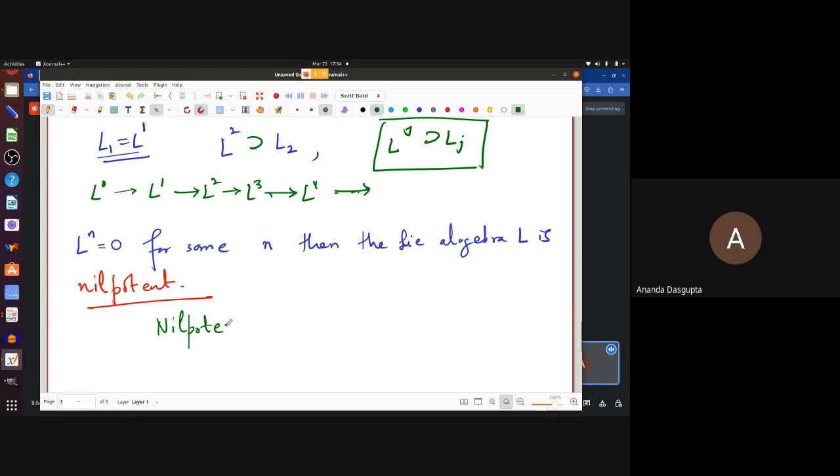And since L lower n is contained in L upper n, if the set containing one has only the null vector, then the set contained must have only the null vector. So nilpotent implies solvable. Of course, if L upper 5 is 0, it doesn't mean that L lower 5 is the first time it becomes 0. It could have been L lower 3 that has already become 0. But if it's nilpotent, then the algebra has to be solvable. Not necessarily the other way around. Okay?